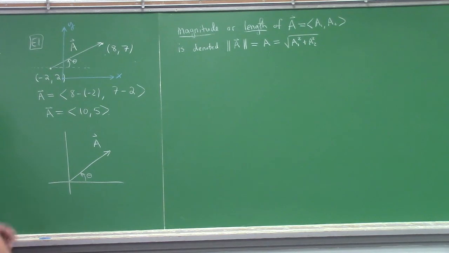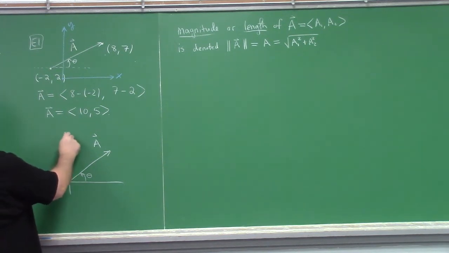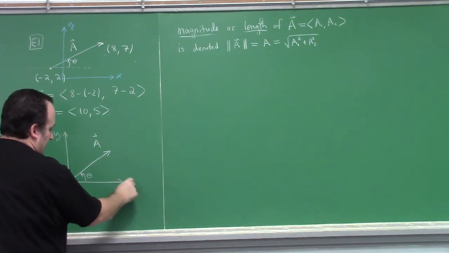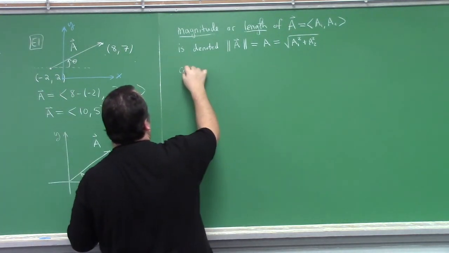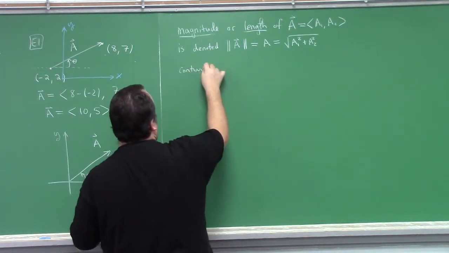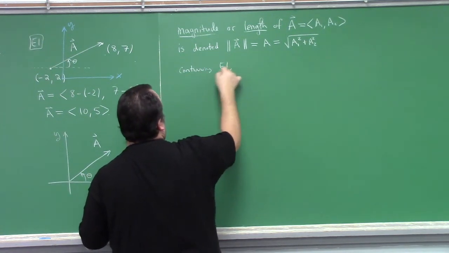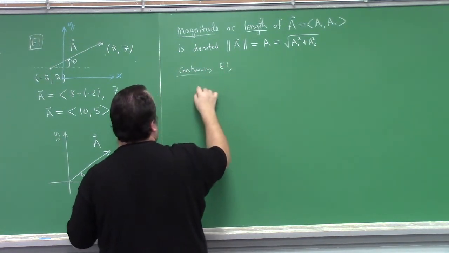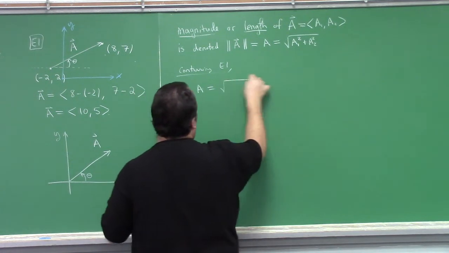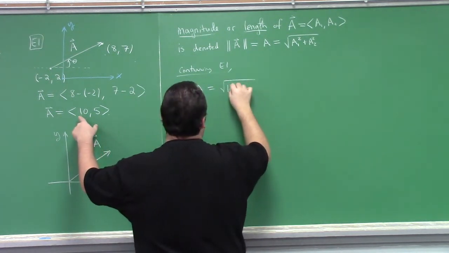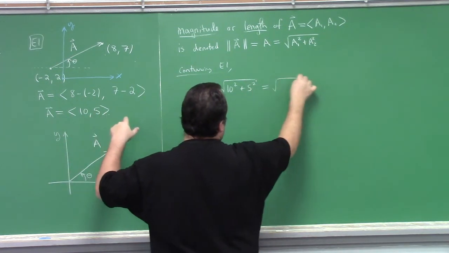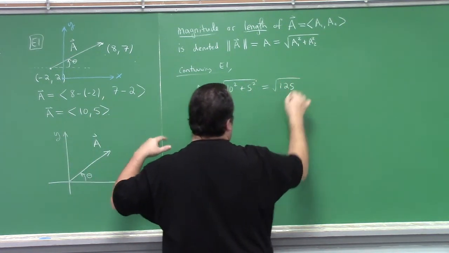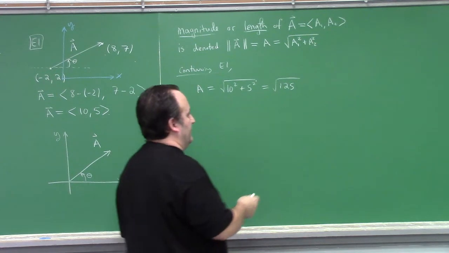We've already talked about this problem before. Let's work it out for the given example. Continuing example 1, what do we have? We have the magnitude of A is the square root of 10 squared plus 5 squared. So the square root of 125, which is like 11.1-ish.